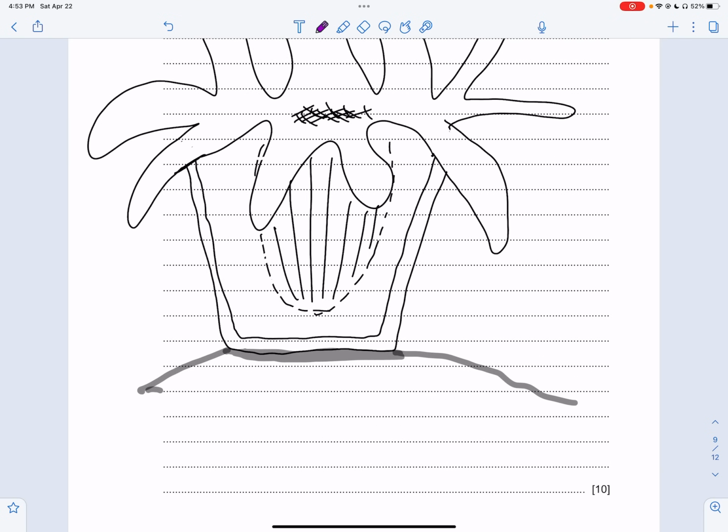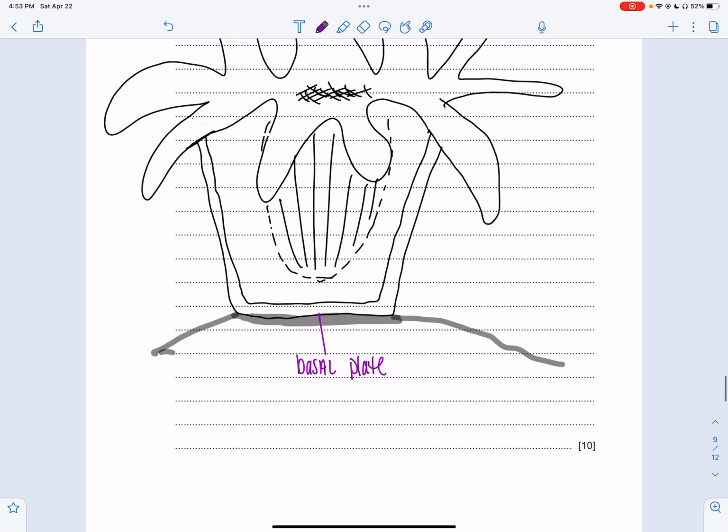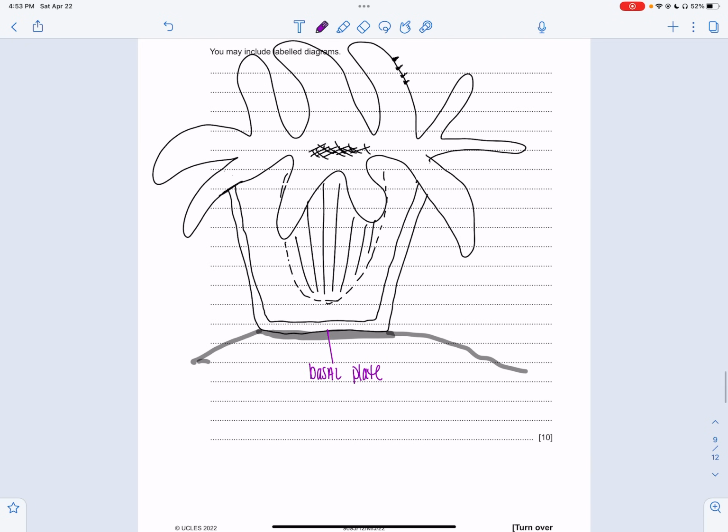All right. So the bottom, basal plate. And remember the line that you're drawing needs to touch the structure that you're labeling. And I'm just underlining it for visual for you guys so you can see the main parts.